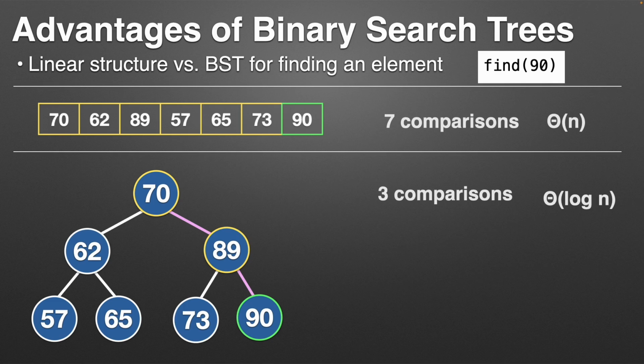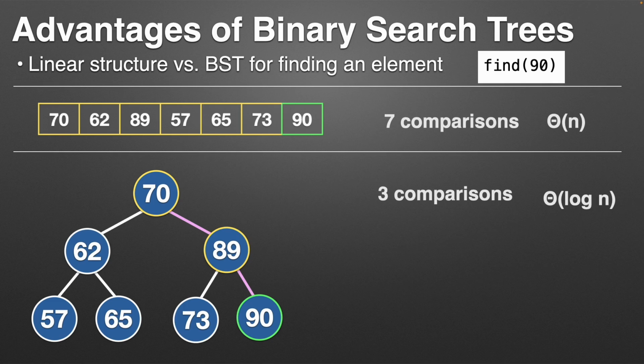Now, in both cases, we should always think about the worst case possibility. So this isn't truly the worst case. The true worst case is that the element's not in the structure at all. So you can add one to each of these, to say that this element's not there, like if we were looking for 100 or something, right? You would still do fewer comparisons on this tree.